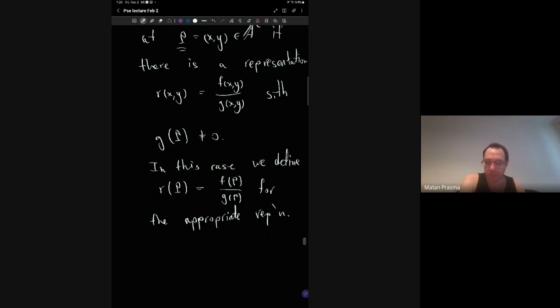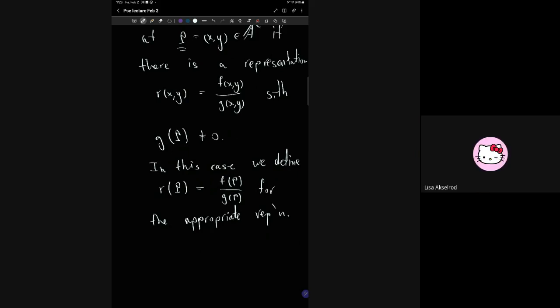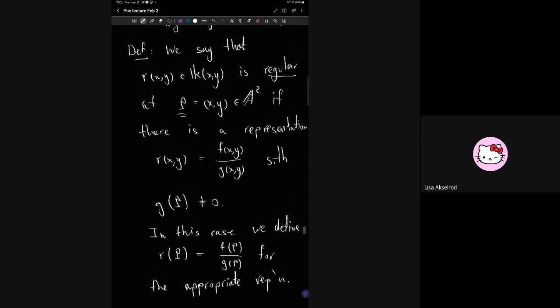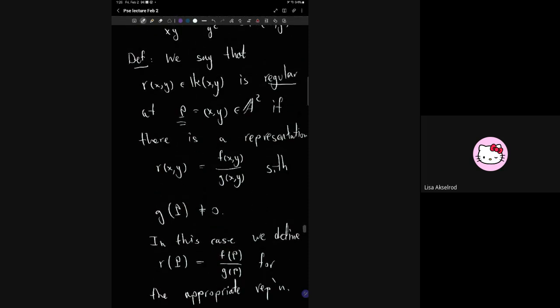Maybe I'm messing up different things, but when we say that R is regular at P, is it the same as what before we called well-defined at P?